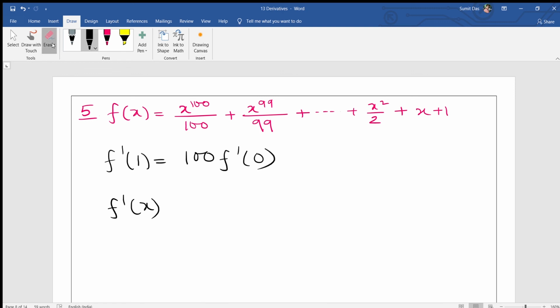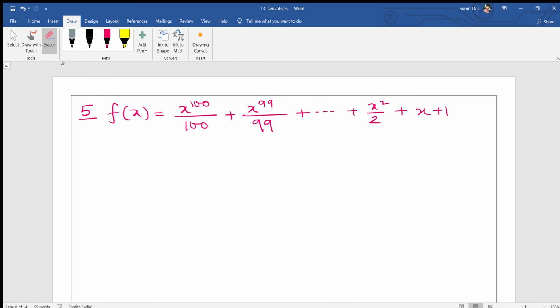So let's find the derivative of f(x) first. I'm using this sign, no problem, any sign you can use. You can use d/dx of f(x) or f'(x) also.